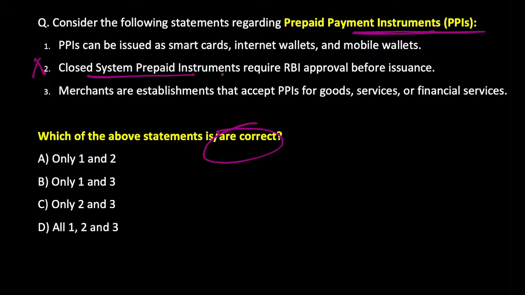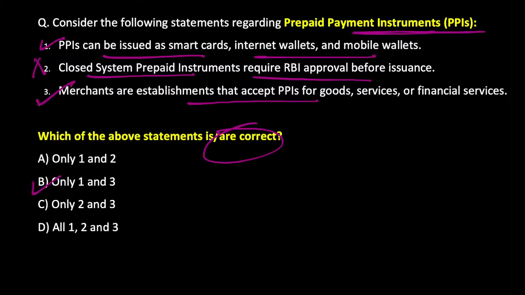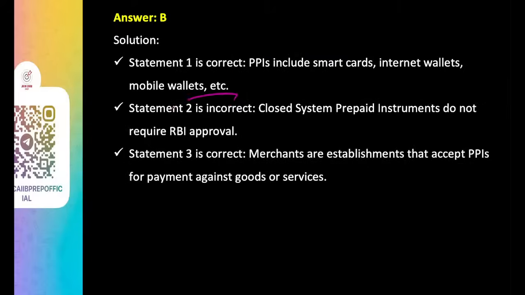Closed system PPI instruments do not require it, because cash withdrawal and others are not allowed in this case. First, PPI can be issued as a smart card, internet wallet and mobile banking. Merchants are establishments that accept PPI for goods, services or financial services. So 1 and 3 means option C will be the right answer. Open PPI is required because they allow maximum services including cash withdrawal and others. So that's why that is the case.